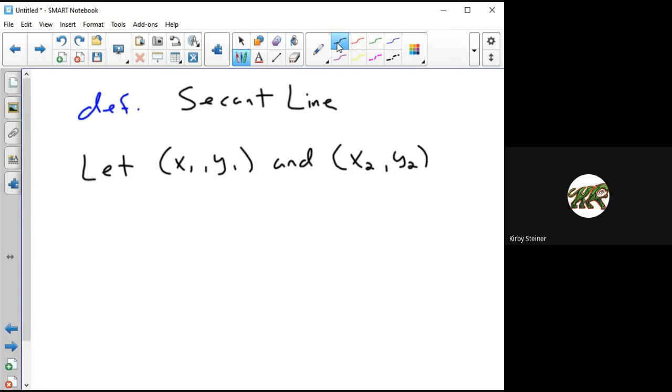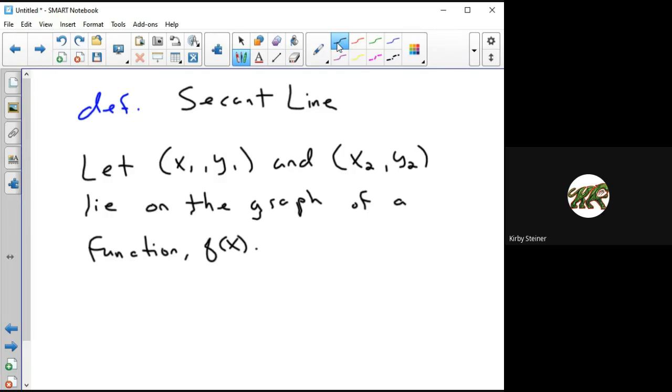Let these 2 points lie on the graph of a function f of x.